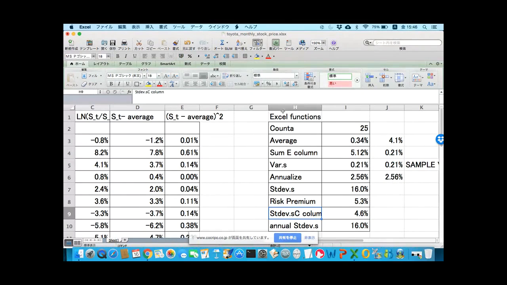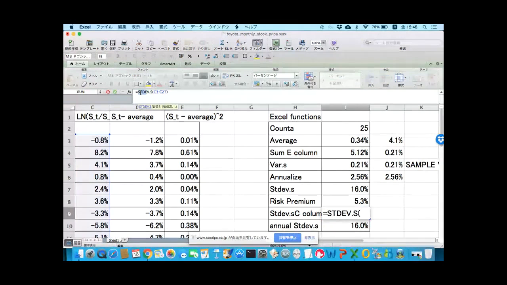Okay? And we have an alternative. In Excel, we have a very convenient function called stdev.s. So how should we use this function? stdev.s.